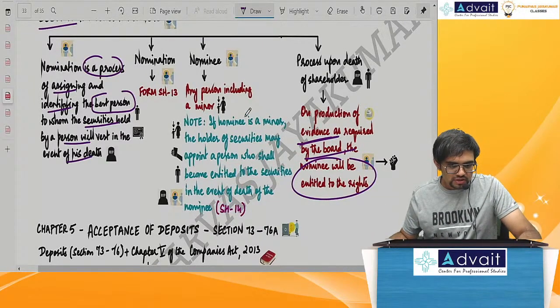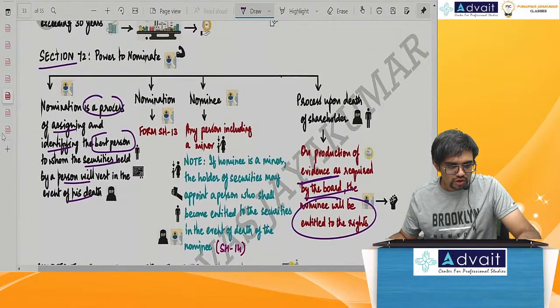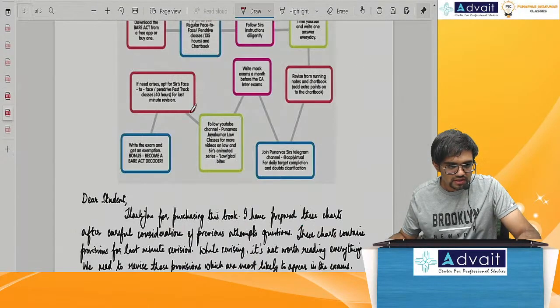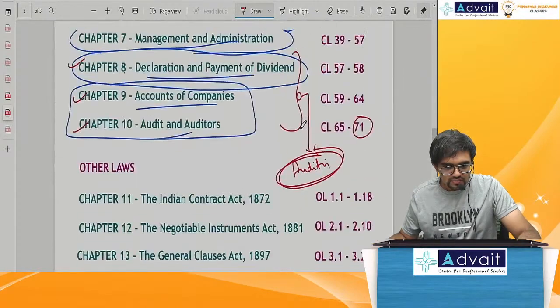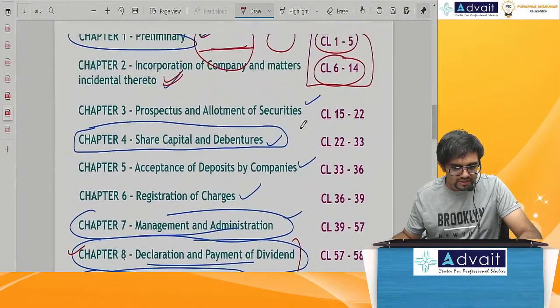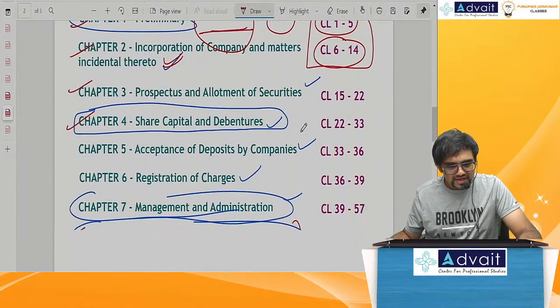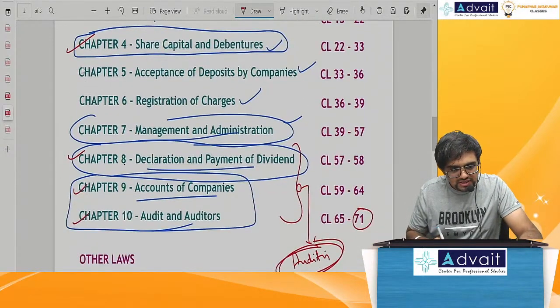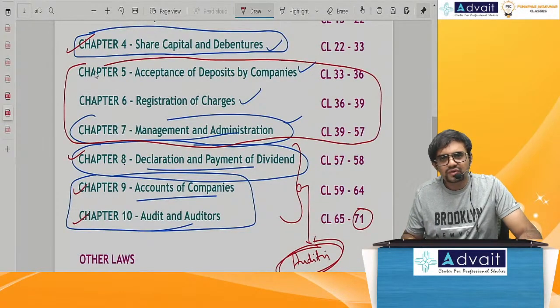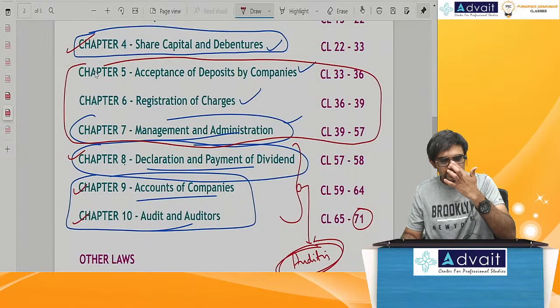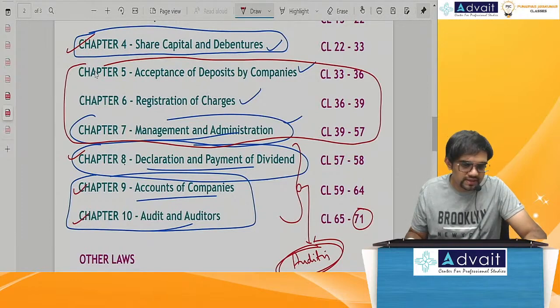Very, very simple. So buddies, with this we completed chapter number 4. If you see here in the material, we completed chapters 1 and 2 yesterday, and 3 and 4 now. As far as deposits and charges are concerned, this is very chilled out. It will get over in less than half an hour, as only two things need to be maintained there.